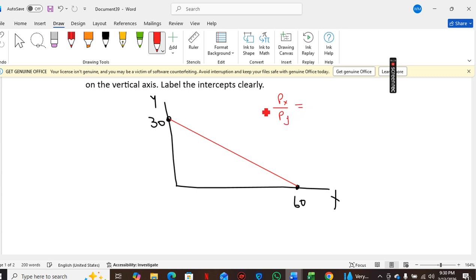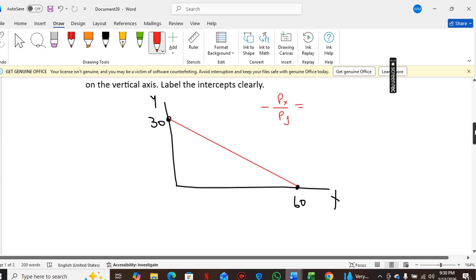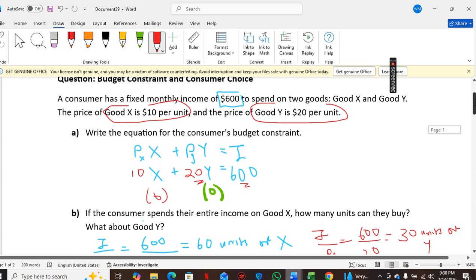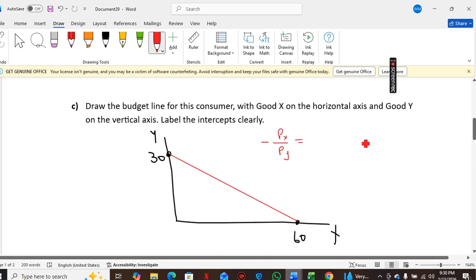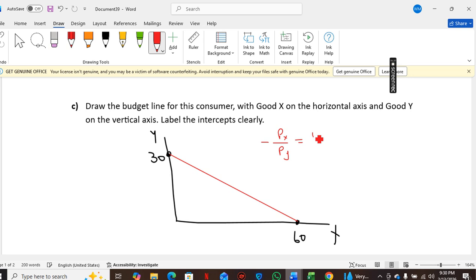Price of good X, $10. Price of good Y, $20. 10 divided by 20, 0.5.